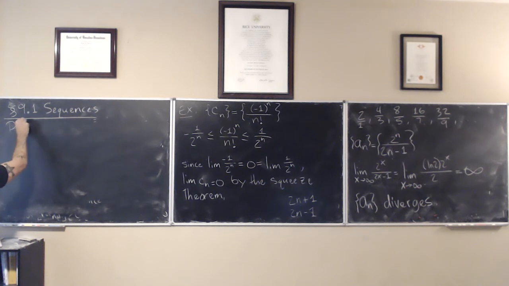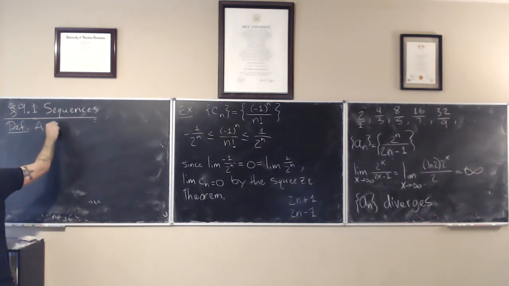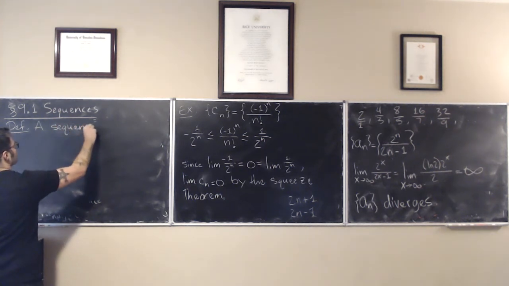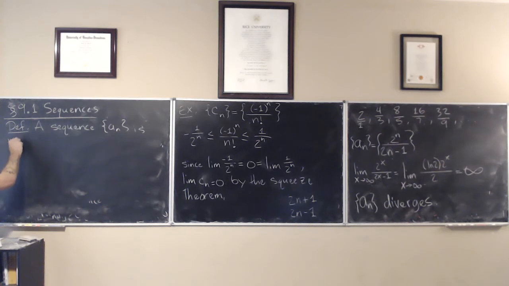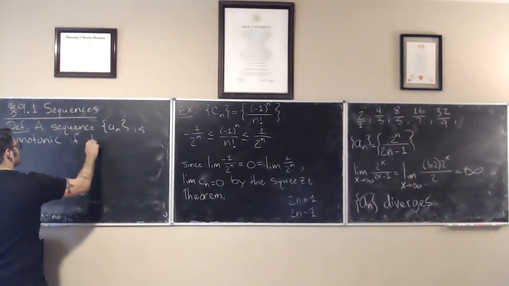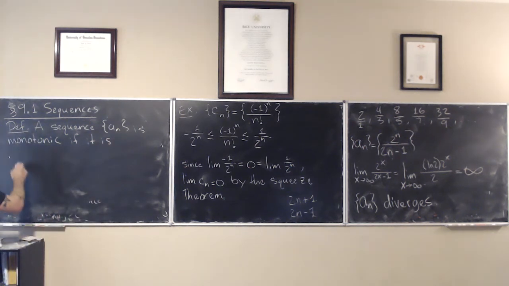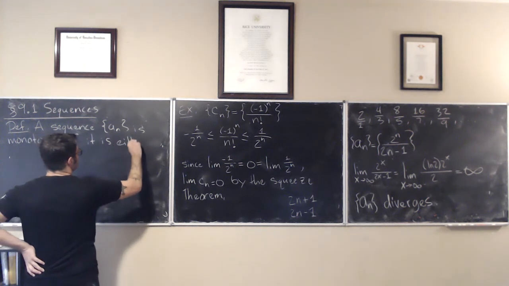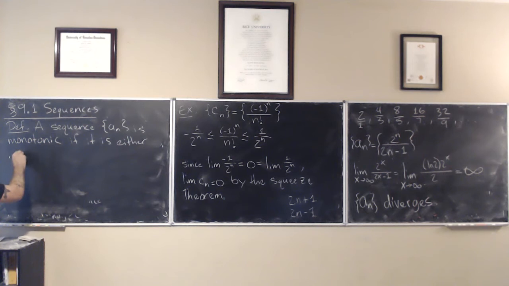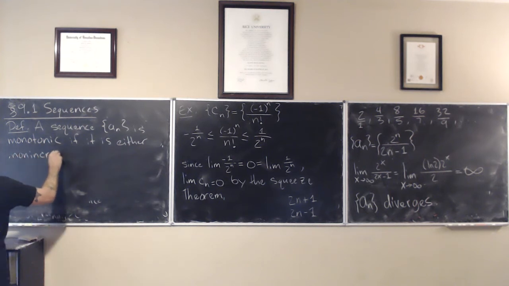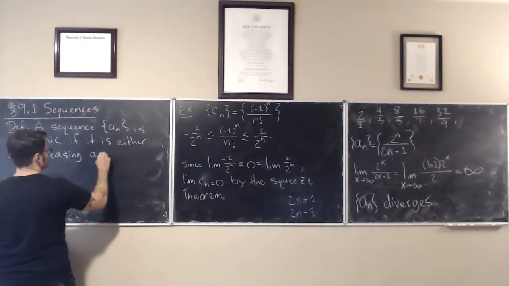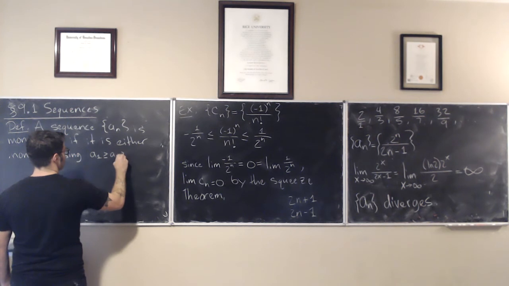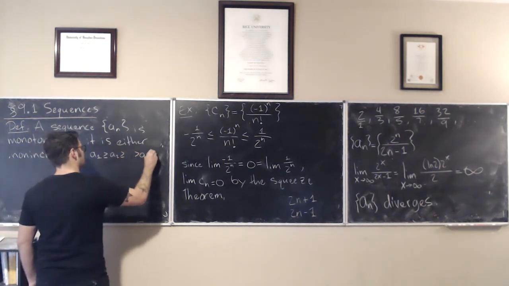Definition. A sequence a sub n is monotonic if it is either non-increasing, that's like a1 greater than or equal to a2 greater than or equal to dot dot dot greater than or equal to an greater than or equal to, forever.